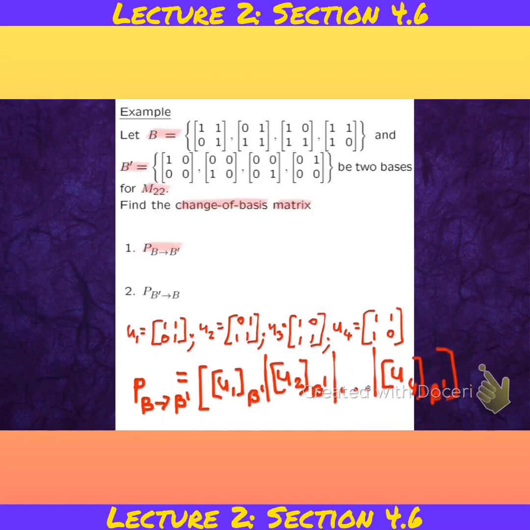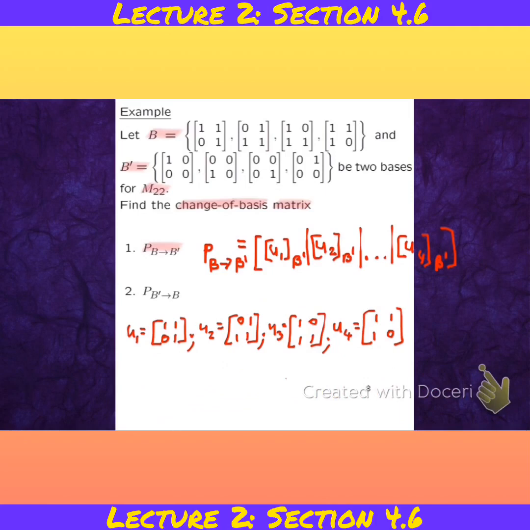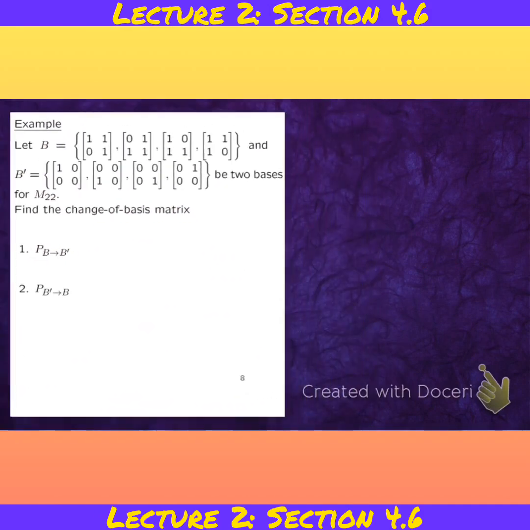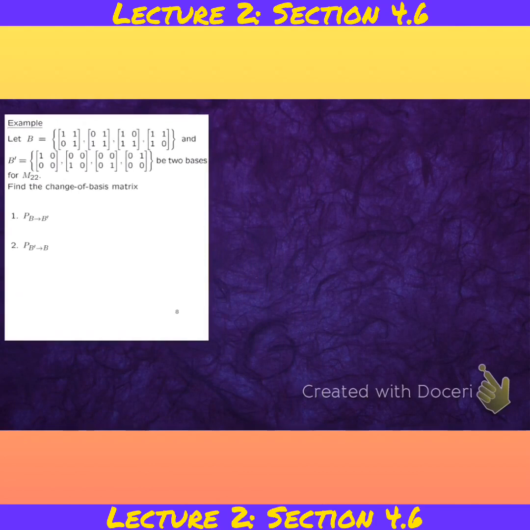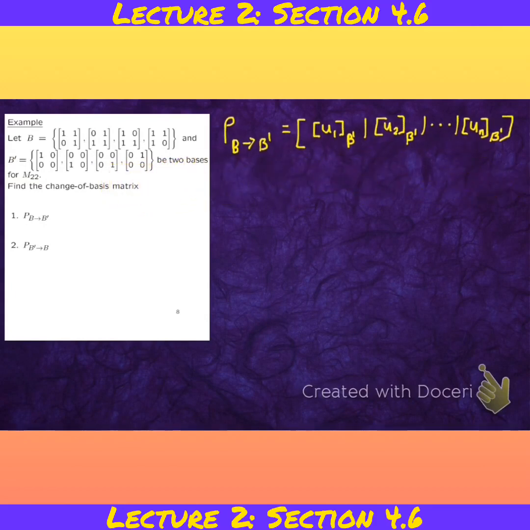So in notation, what is it that we want? That is the matrix that we want. You take each vector in B and write it as a linear combination of the vectors in B prime, and then you just read off the coefficients and form your columns in that way. Okay, so let's write that down. We want our change of basis matrix.